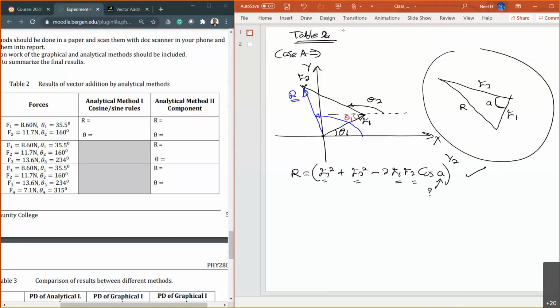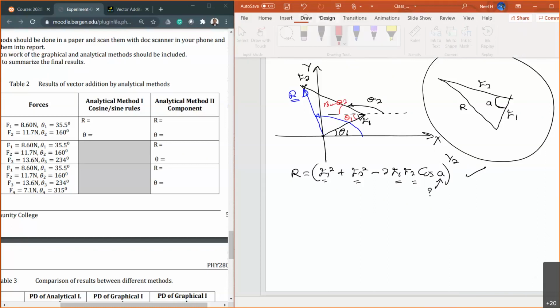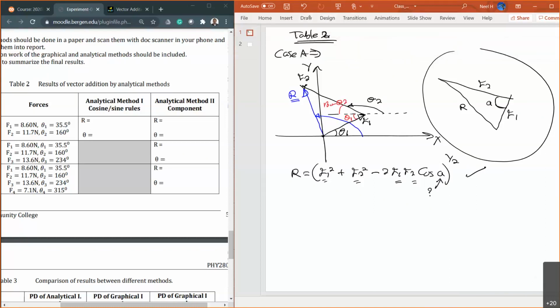And this part right here, on the other hand, I can say is 180 minus theta2. So technically, I can say angle A is equal to 180 minus theta2 plus theta1. So you know all the numbers, then you can easily figure this out.